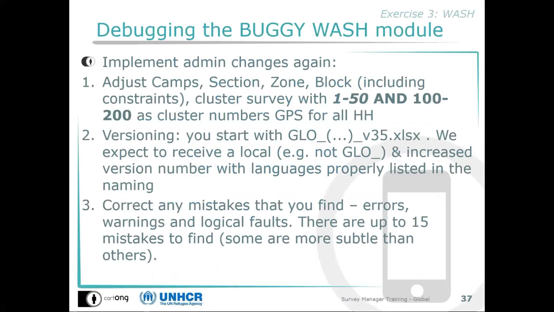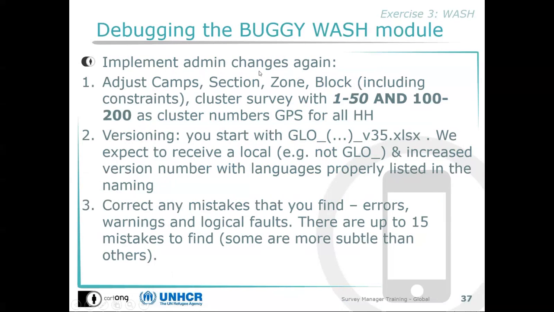Okay, so what we thought this time is that you are being asked to debug a questionnaire, and since you haven't actually been working with the WASH module before, we prepared a buggy WASH module, a WASH module where things are not correct. We still ask you, just for good practice, to implement the admin changes again.